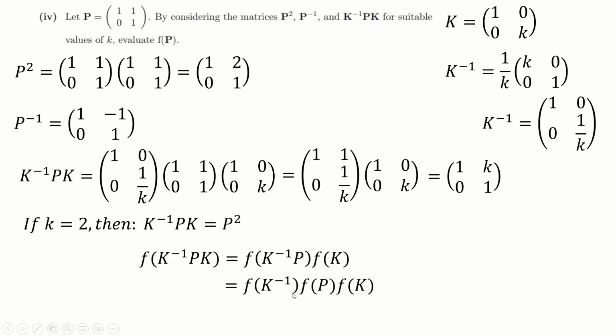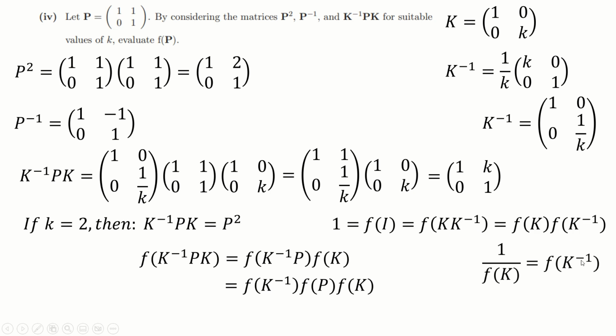Anyway, now let's think about f of k inverse. Because we know that f of k times k inverse is f of k times f of k inverse. But it's also f of I, because k times k inverse by definition is I, which we know to be 1. So therefore, f of k is equal to 1 over f of k inverse, or vice versa.